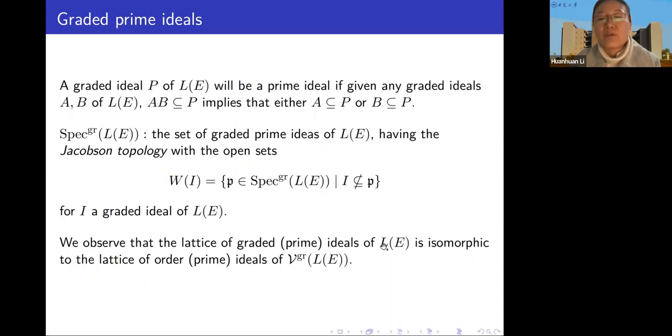Before, we knew that graded two-sided ideals of Leavitt path algebras correspond one-to-one to graded order ideals for the graded Grothendieck group. Here, for the prime elements, we also have a one-to-one correspondence.